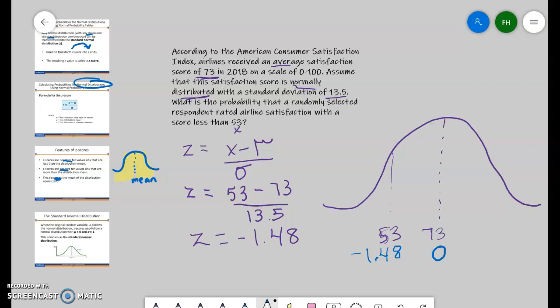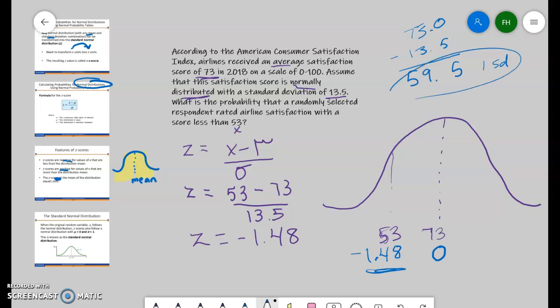If we were to take the mean and subtract one standard deviation, we would get 59.5. So 59.5 would be one standard deviation. And our number is 53, so it's a little bit over one standard deviation away from the mean.